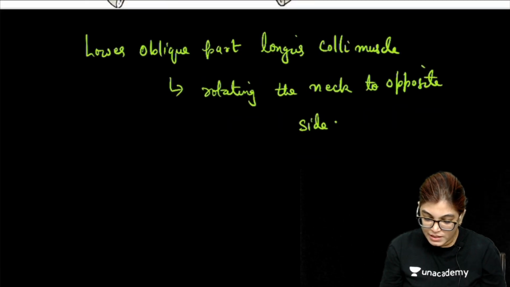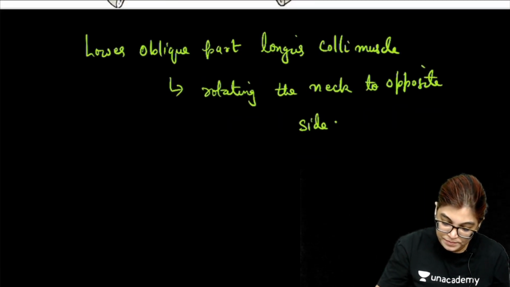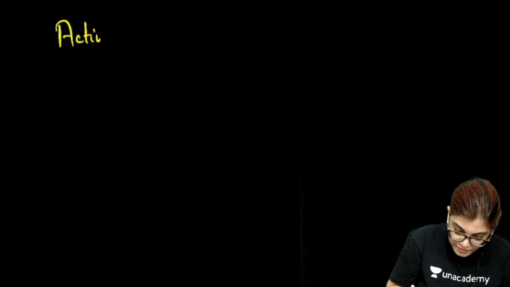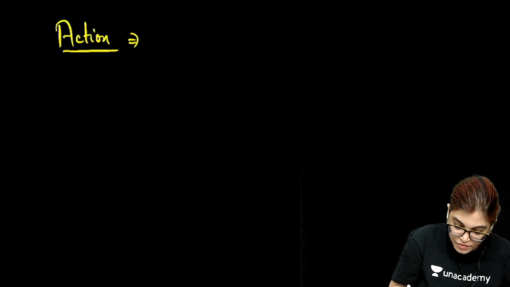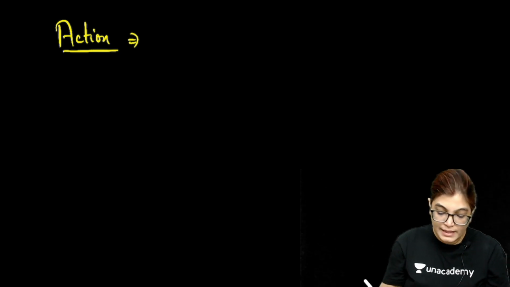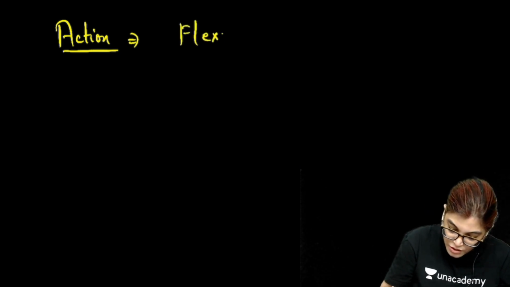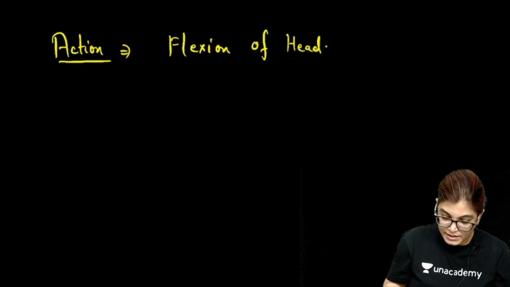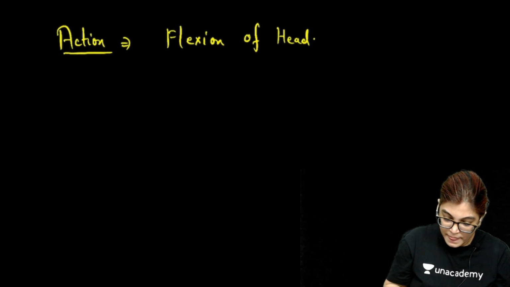Now I also want to describe the action and the nerve supply. So yes, write down action. If I talk about the action of the longus capitis muscle, it is flexing the head, flexion of the head.